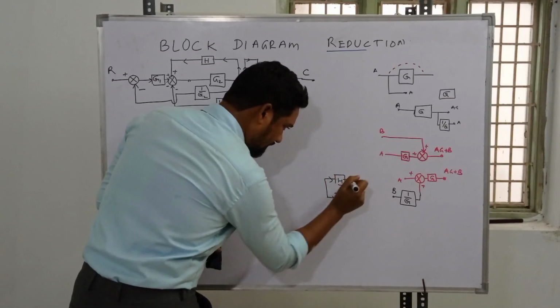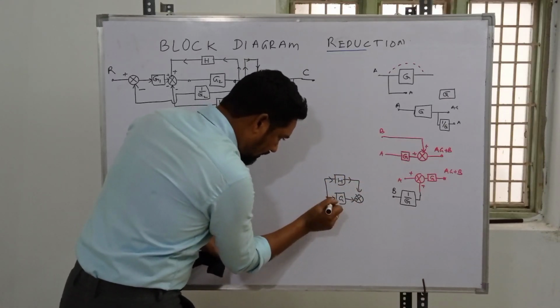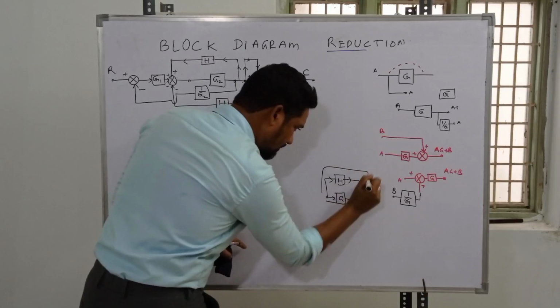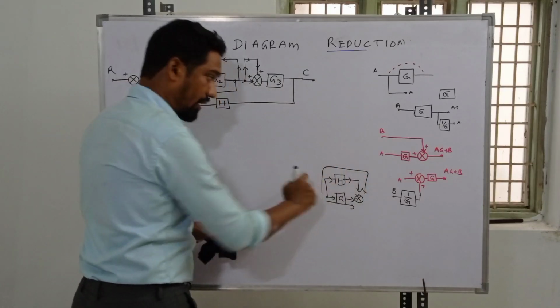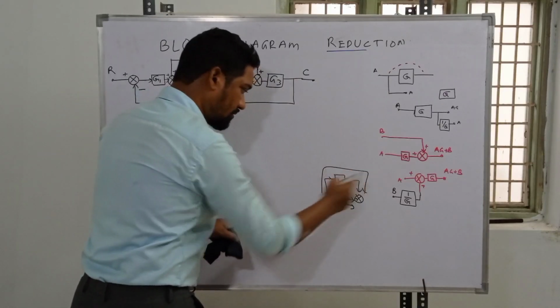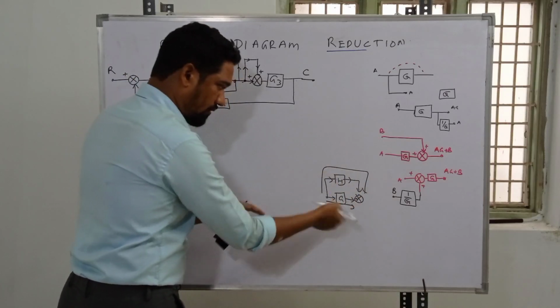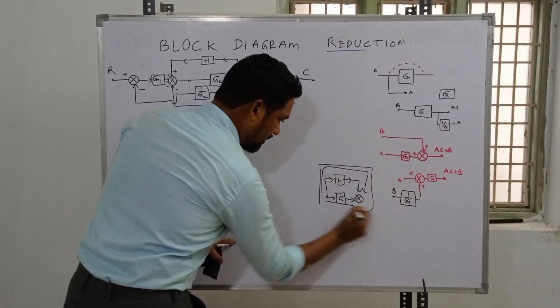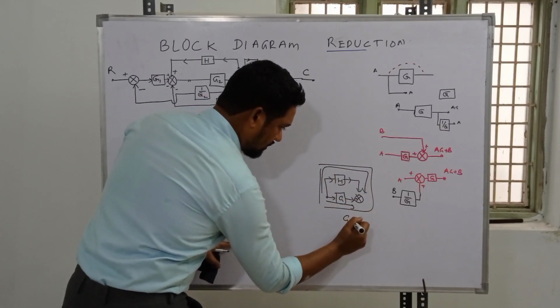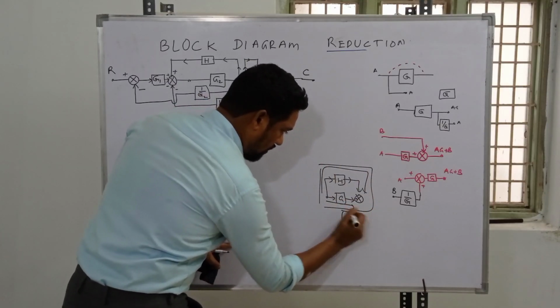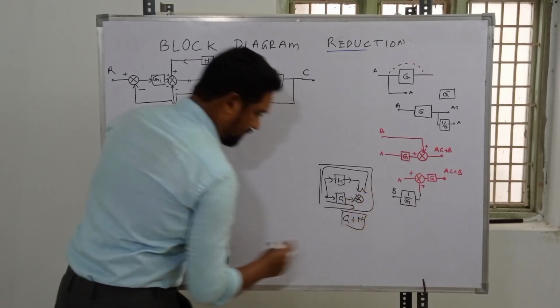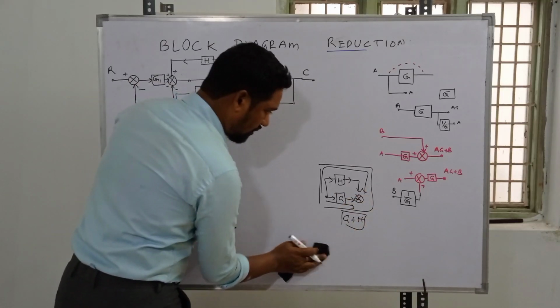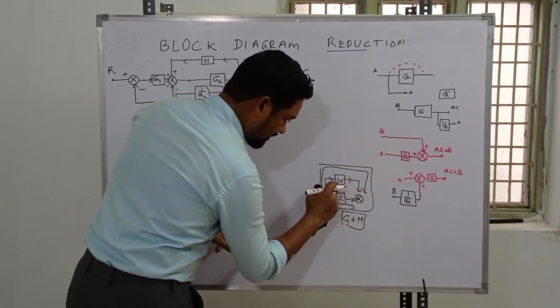Just now we have seen that in this direction, after this one, it's flowing ahead. It's not coming back to that point. It's a feed forward, not feedback. So how can this be eliminated? It's G plus H, isn't it? Eliminating this one and this one, we can reduce that to a single block, this transmittance plus this transmittance.